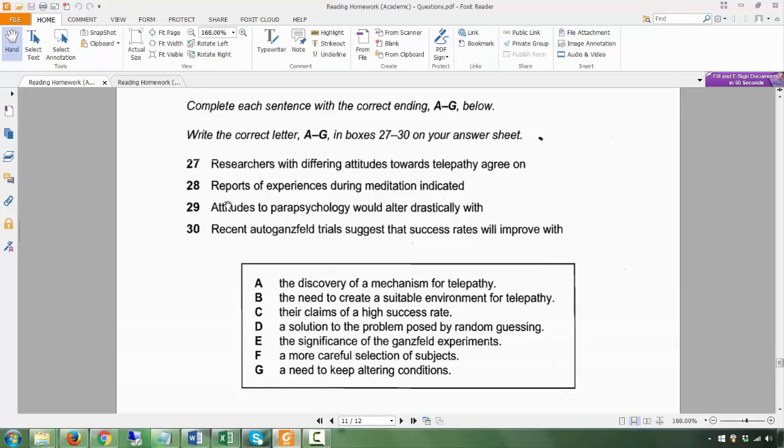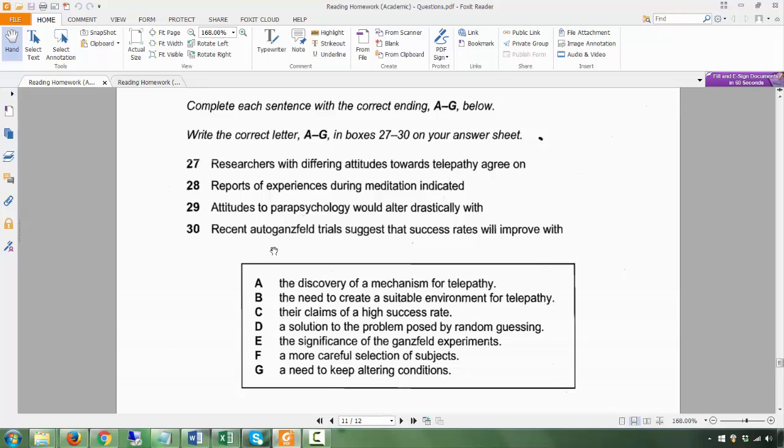If that's so, attitudes would drastically change if there's a discovery of a mechanism for telepathy. Okay, and lastly, 30. All right, 30.